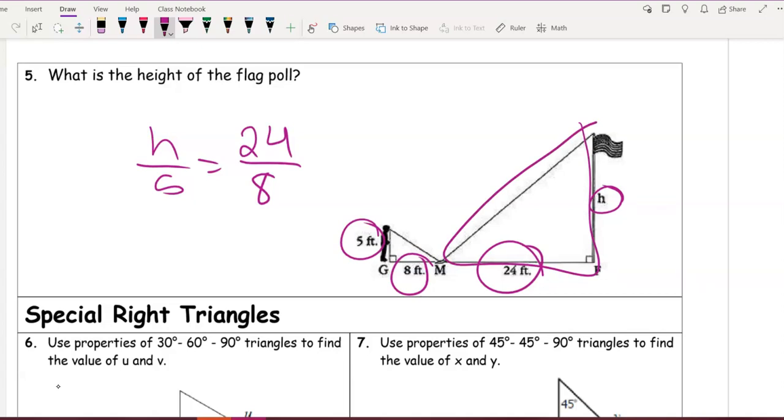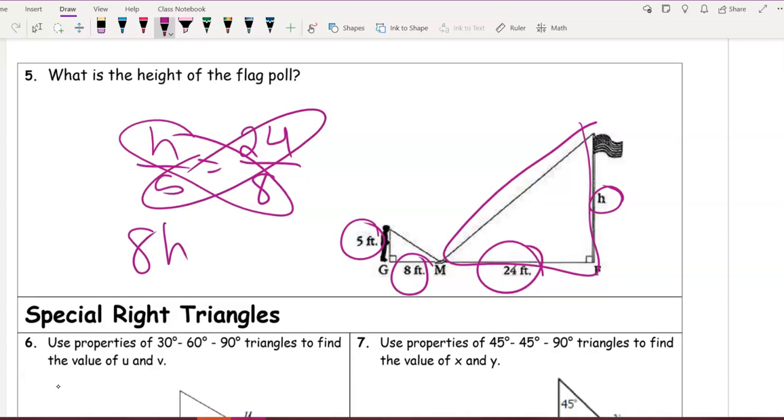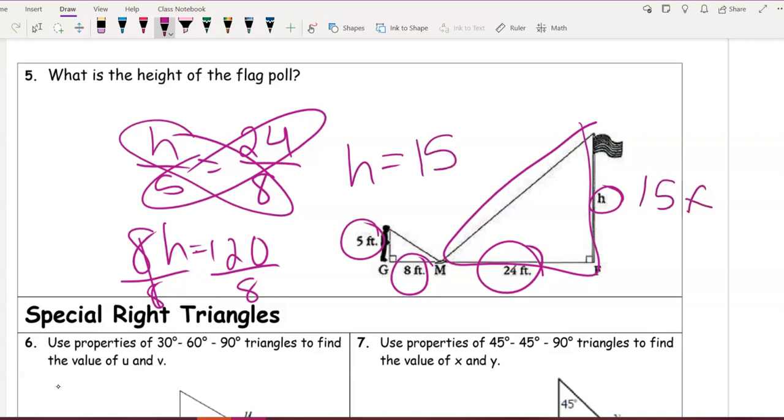You can't go here, here, here, here. You have to do one triangle in the numerators and the other triangle in the denominators. So h times 8 is 8h, and 5 times 24 is 120, divided by 8. h equals 15. So this flagpole is 15 feet.